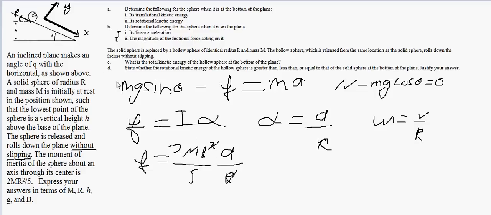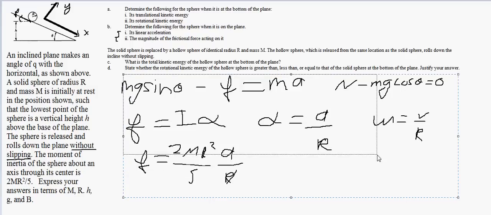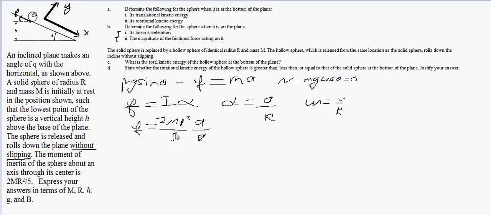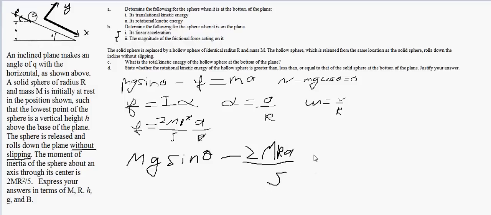I'm going to write everything here, shrink it down, and plug this friction in here, and everything is algebra after that. So mg sine alpha minus 2ma over 5 equals ma.